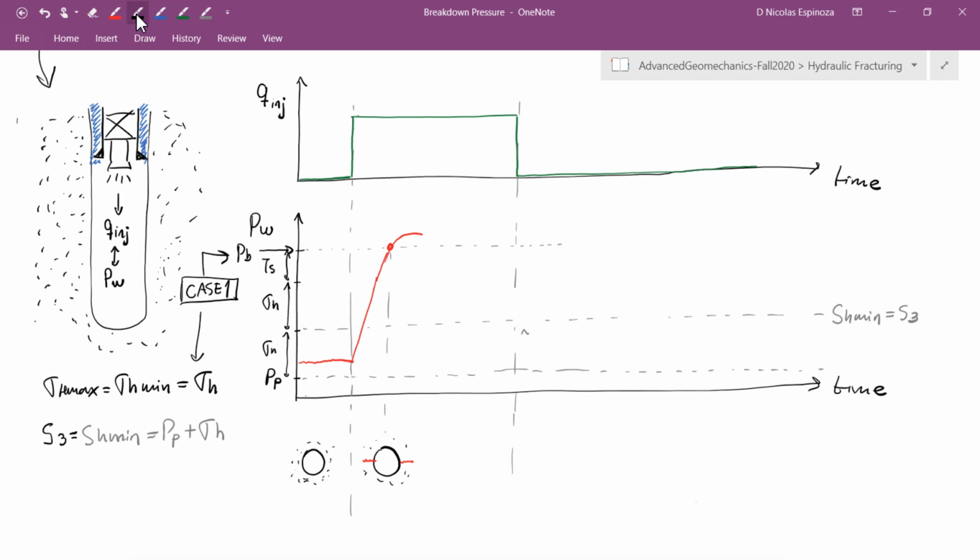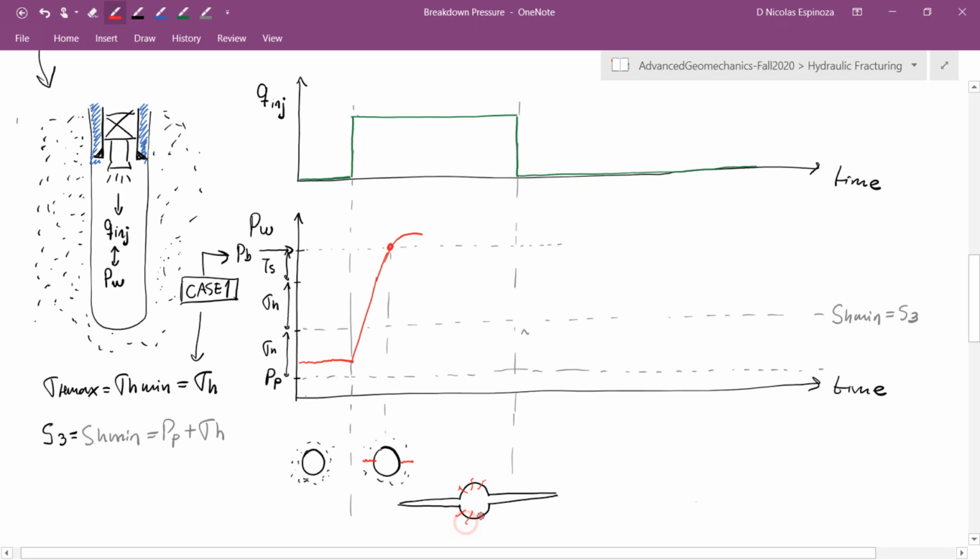So at some point, this well is going to create a fracture which is long enough that it's not a small tensile fracture anymore, but now it's a large fracture that has fluid that is going through the fracture, and the leak off now is not only happening through the wellbore.